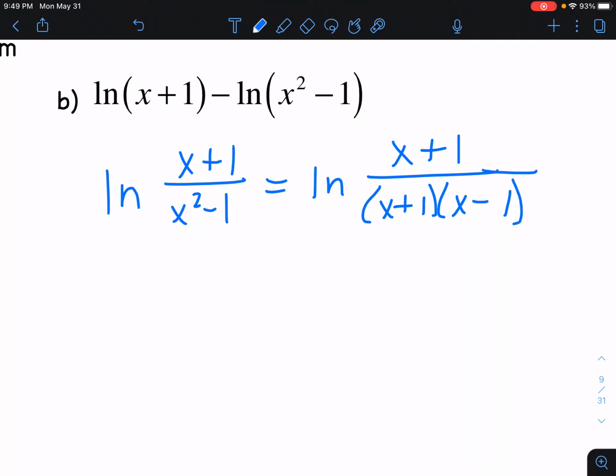Remember, that's called a difference of squares. Notice something. x plus 1 and x plus 1 can actually be canceled. And what does that leave us with? Bring down your ln. There's nothing left in the numerator because we canceled out that x plus 1. So if there's nothing left in a numerator, we must put a 1. What's left in the denominator is x minus 1.